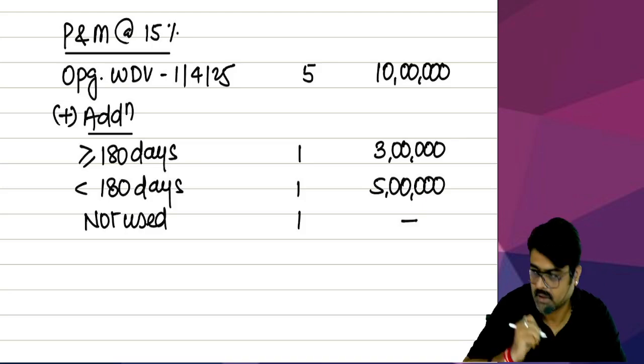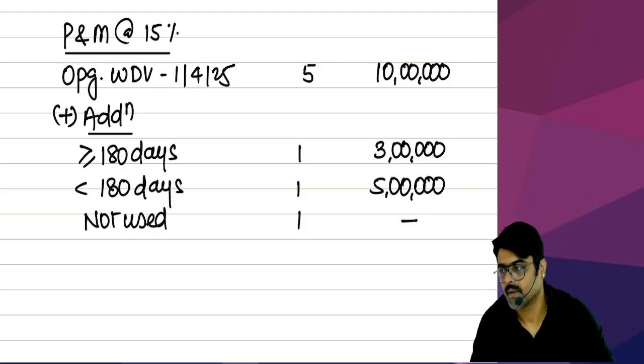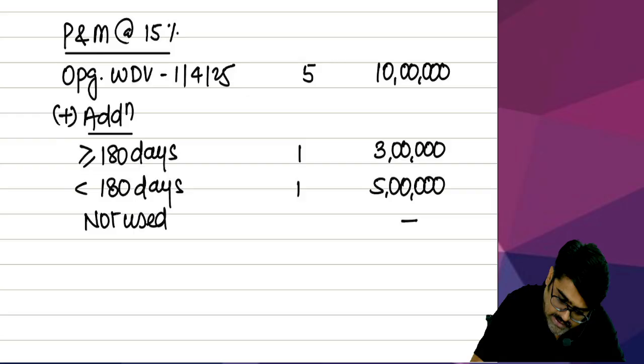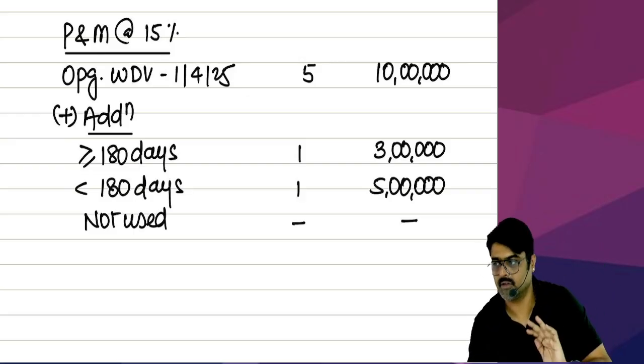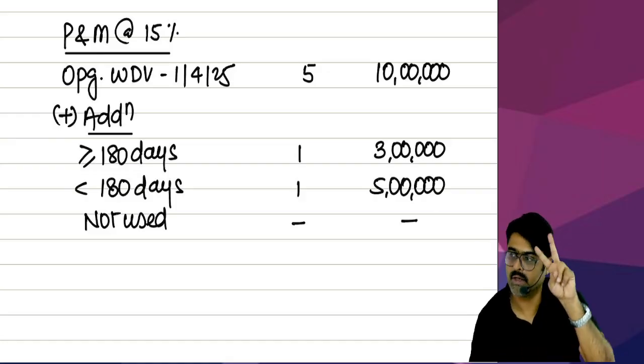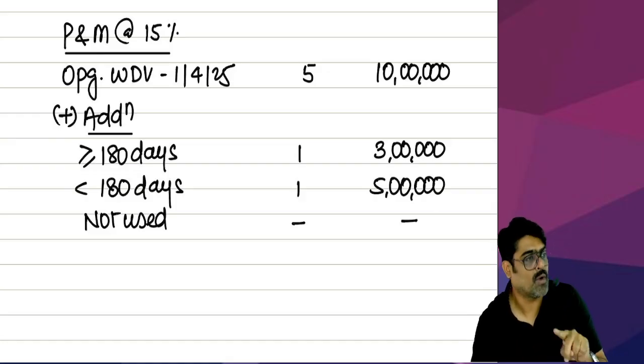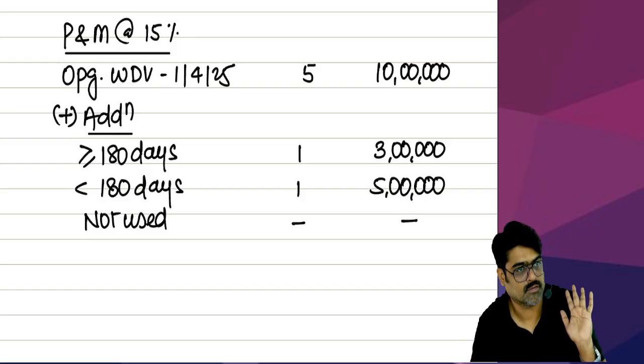And there is no asset acquired which was not put to use, so this will be dash. Only 2 assets were acquired in this year: one was put to use for 180 days or more, another was put to use for less than 180 days.